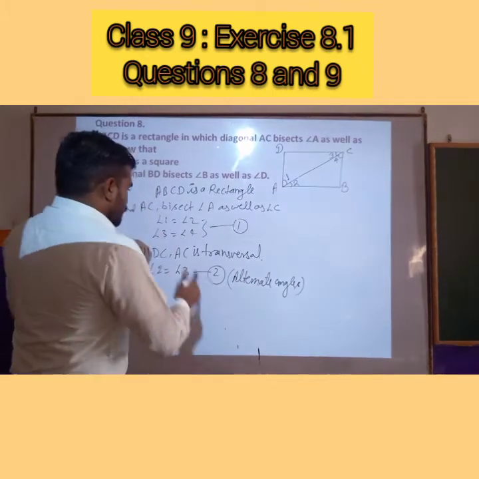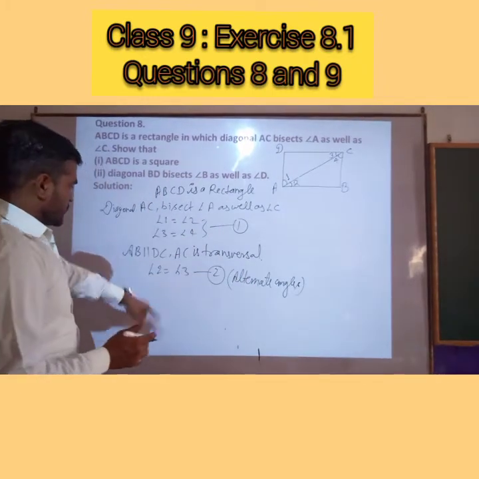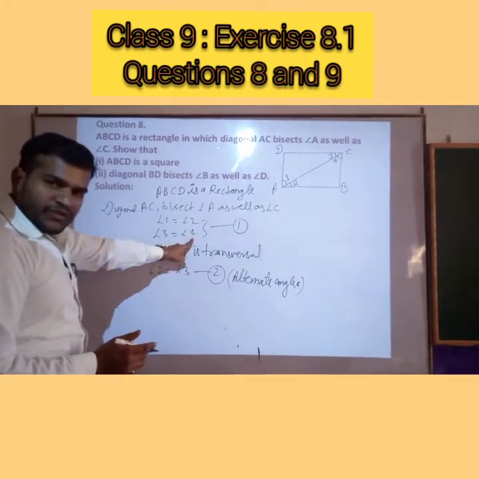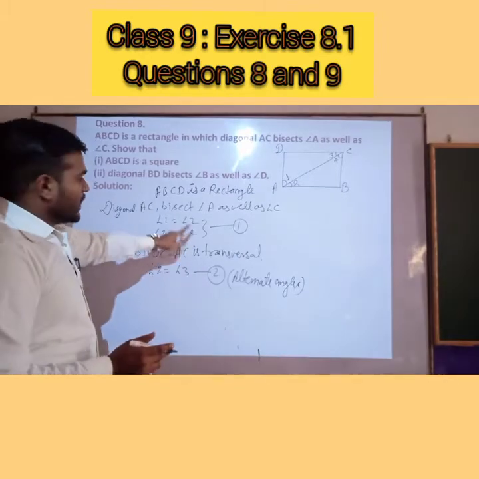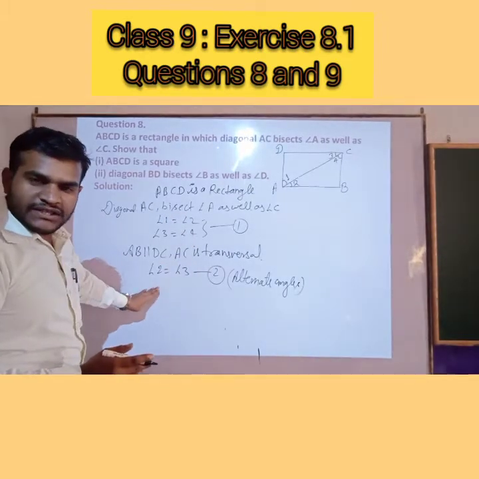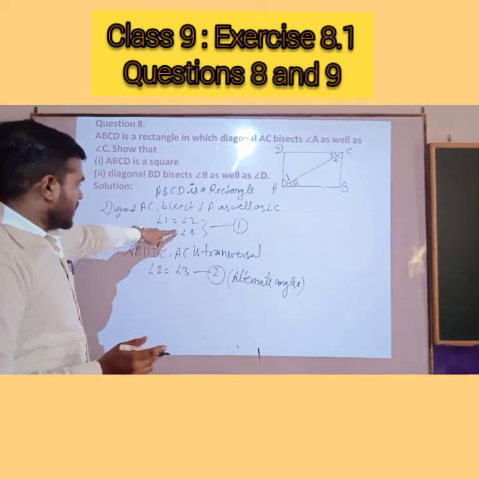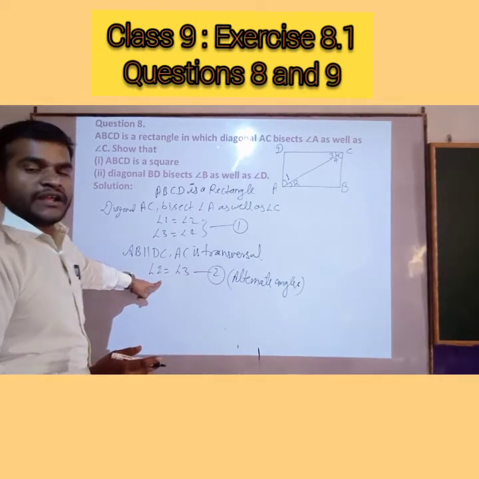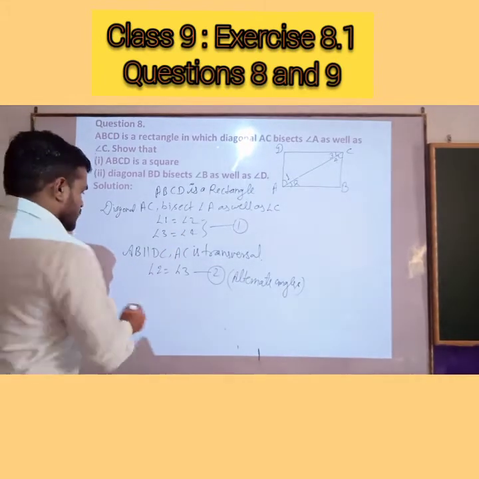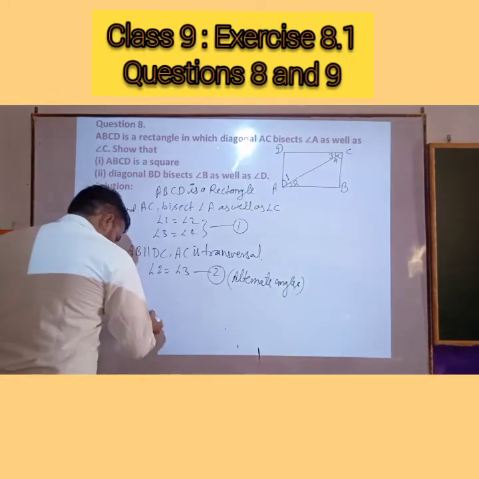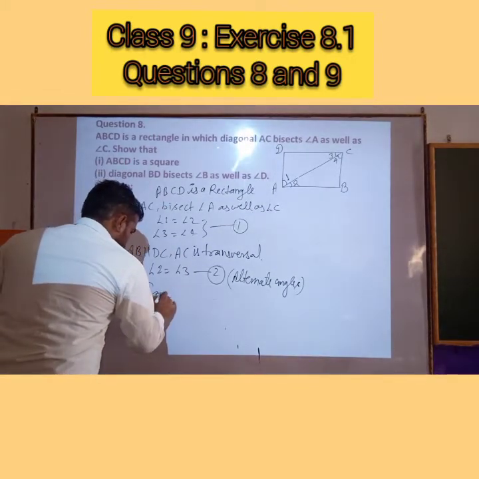So from equation number 1 and 2, angle 3 is equal to angle 4 in equation number 1, and in equation number 2 angle 3 is equal to angle 2. It means angle 2 is equal to angle 4.